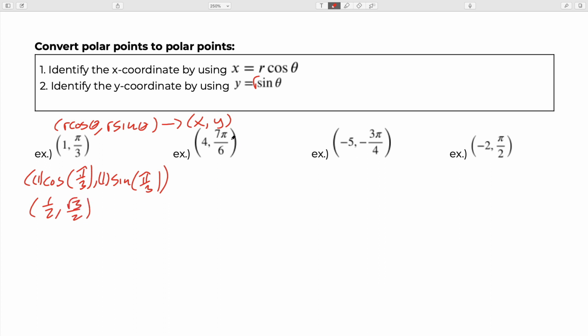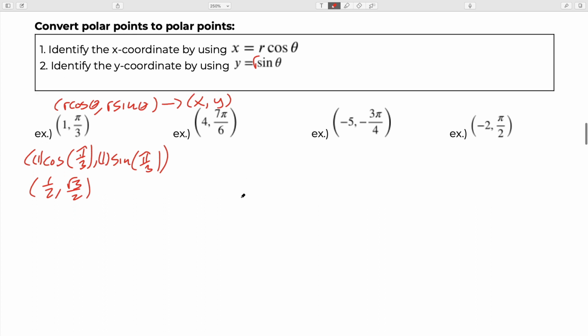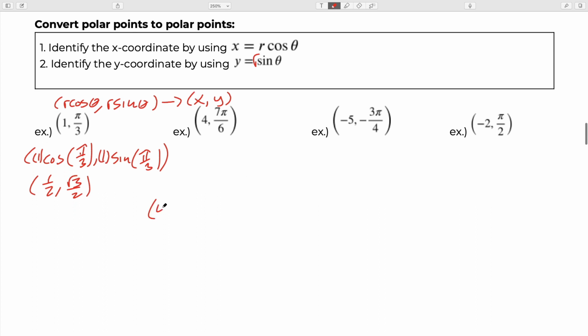All right. Here we have the 4. Okay, so let's go ahead and do this one just a little bit slower. So I'll do a 4 times a cosine of 7 pi over 6, and then 4 times a sine of 7 pi over 6.